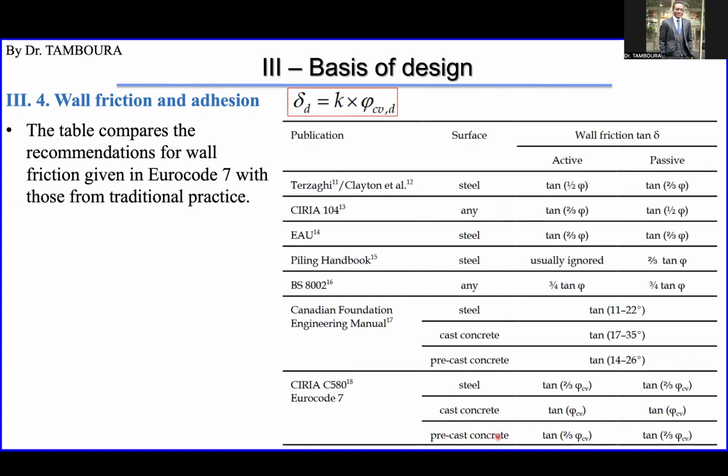And for precast concrete, it is this value. So, comparison. For us, this is what we are considering, because this is Eurocode 7 and this is the UK National Annex. So these are the values we will consider in our design.